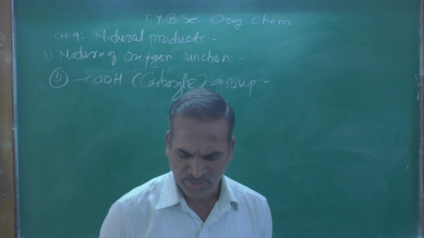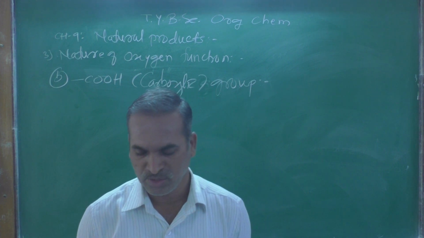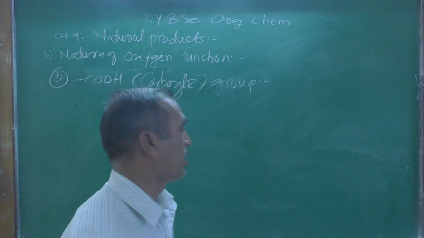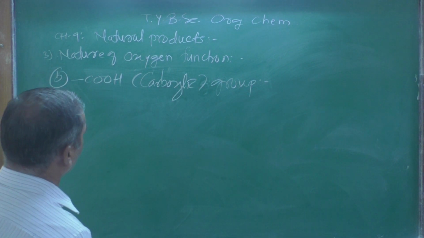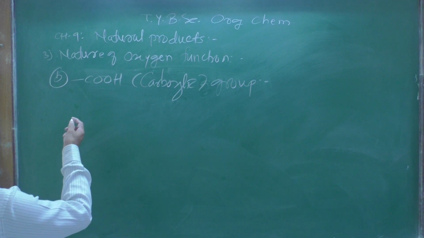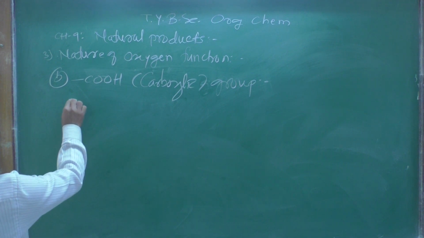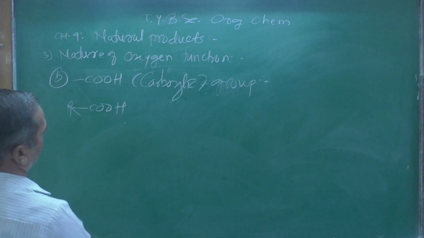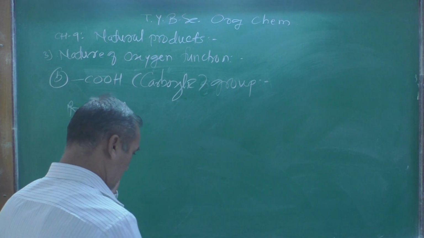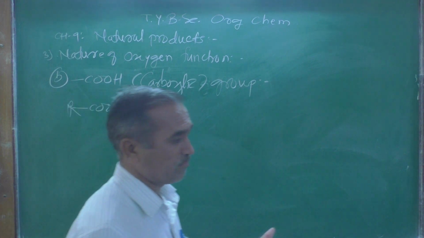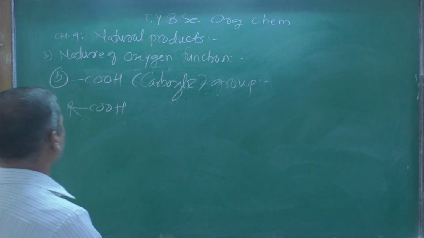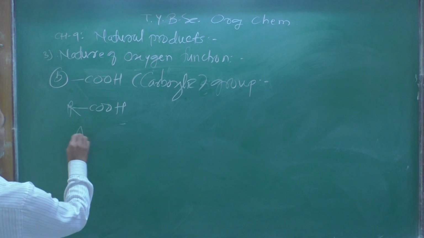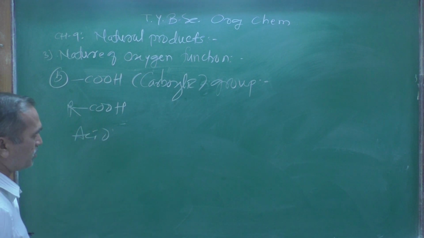It is detected by treatment with sodium bicarbonate solution. The general formula of the carboxylic group, or acid, is RC double bond OH. This is the general formula of an acid, so we can call it an acid or carboxylic group.